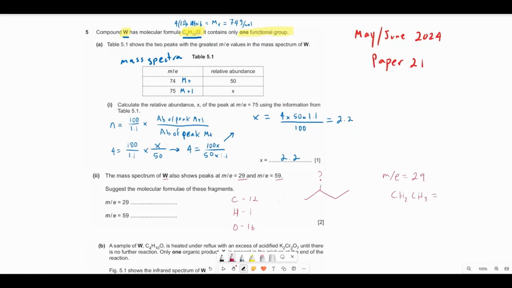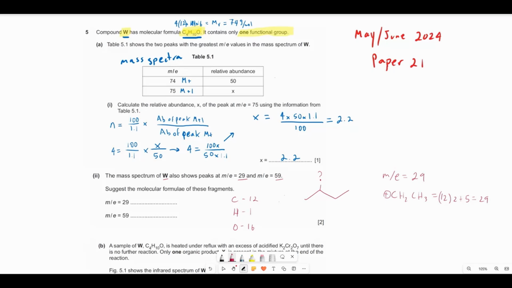Carbon has a mass of 12 times 2 carbons plus 5 hydrogens in total. That's 24 plus 5 is 29. This is where knowing these common peaks is going to be useful, because instead of having to put all that together, 2 carbons and then how many hydrogens, we could easily remember these.